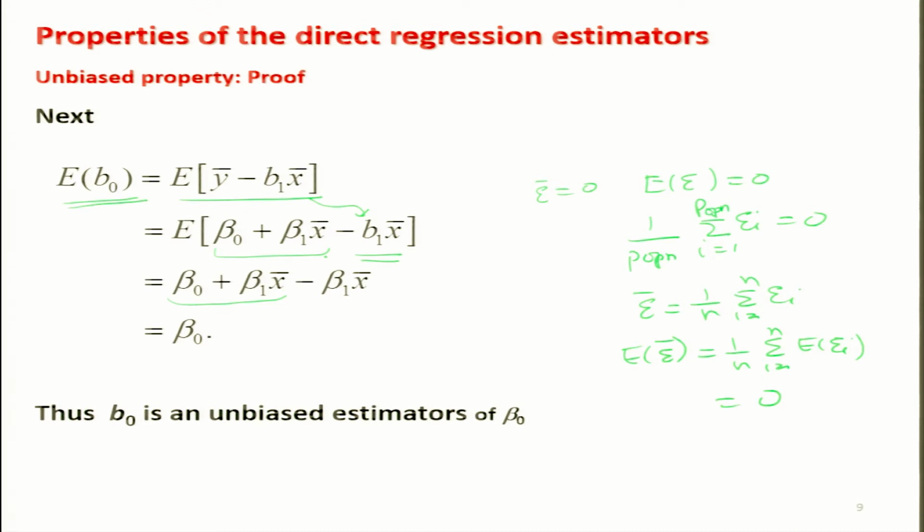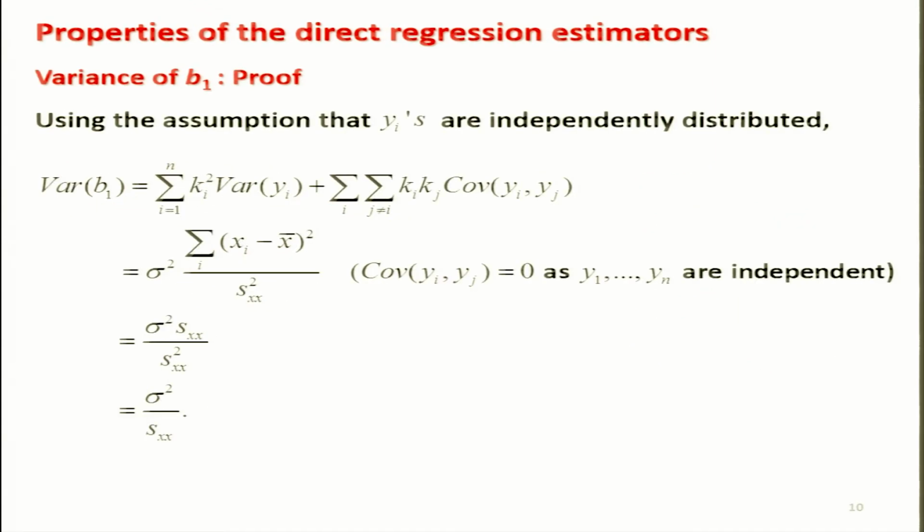Because x is non-stochastic, x is fixed, I can take beta 0 plus beta 1 x bar outside the bracket, and for expected value of B1 x bar, we have already proved that expected value of B1 is beta 1. So, I can write beta 1 x bar. These two terms get cancelled out and we get beta 0. So, B0 is also an unbiased estimator of beta 0.